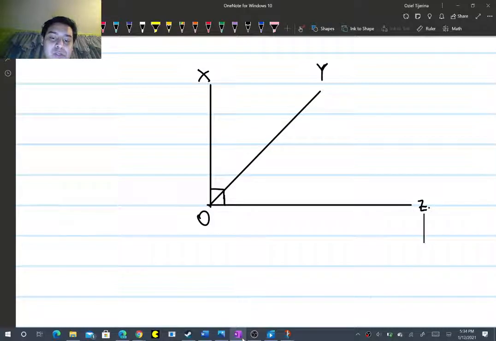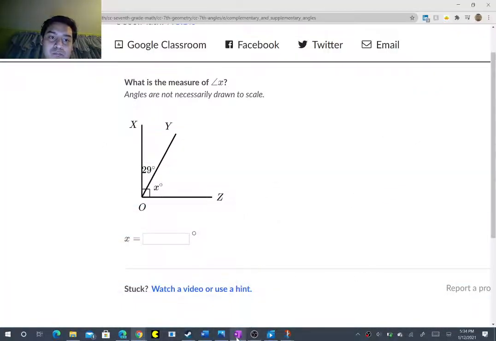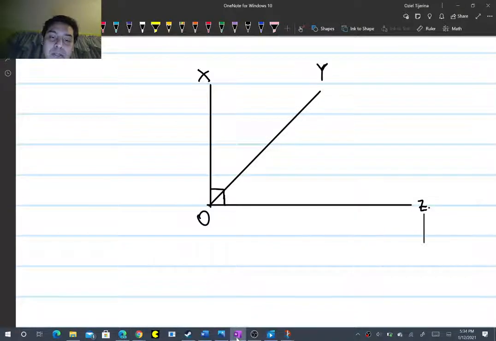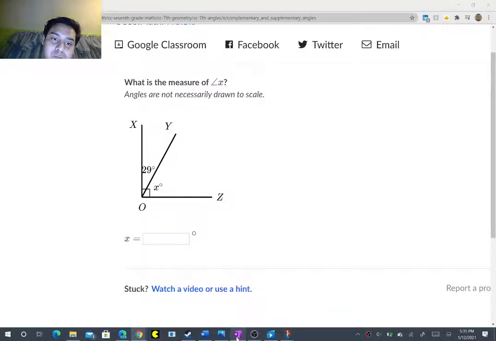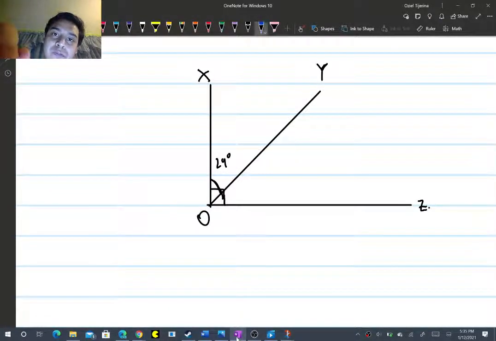It's not drawn to scale, but basically this angle is 29 degrees. We want to find this one here, x degrees.